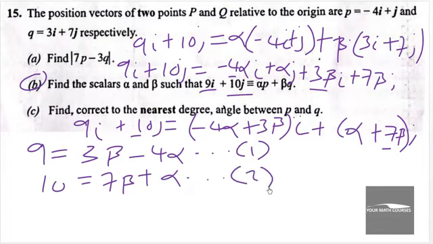So we have two equations that we need to solve simultaneously. I know you remember simultaneous equations and how to solve them. You can use elimination, you can use substitution. So which one do you want us to use?